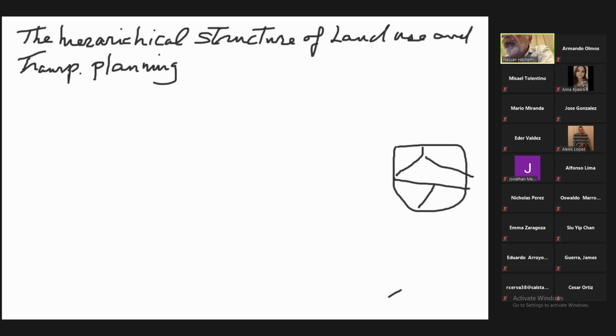For instance, this area will be a high density residential area, which means all the high-rise buildings will be in that area. This area will be a low density residential area, which means all the single family homes are there.